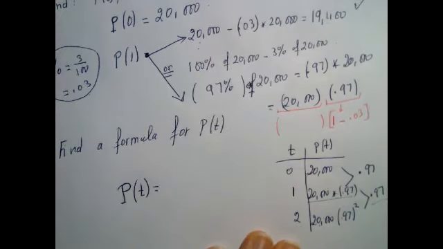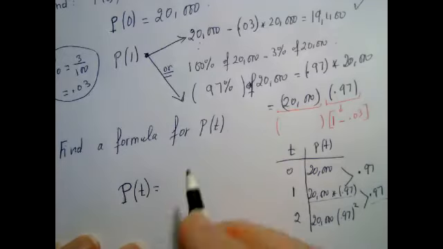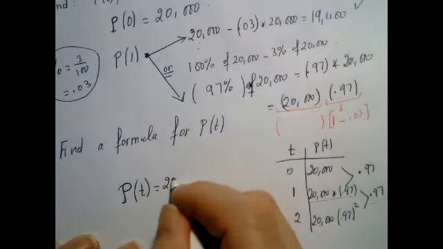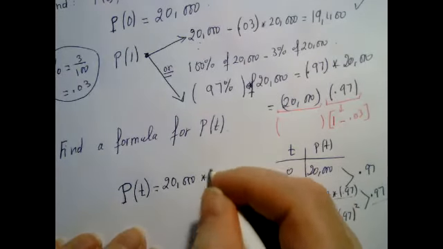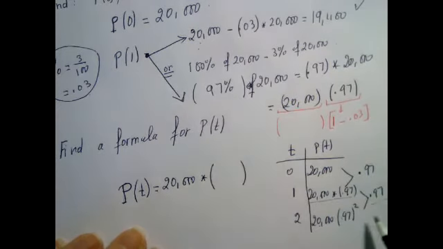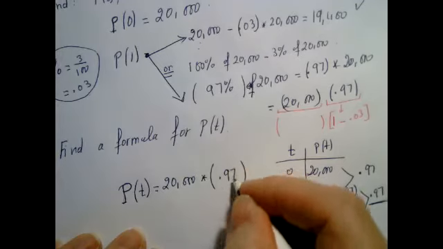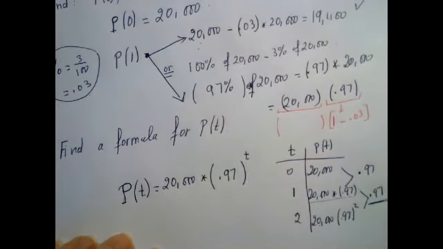So what's going to be the formula? After T years, it's going to be, again, 20,000 multiplied by 0.97 to the power T. That's going to be the formula.